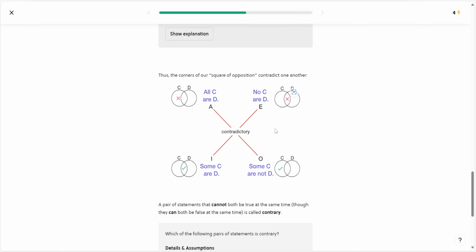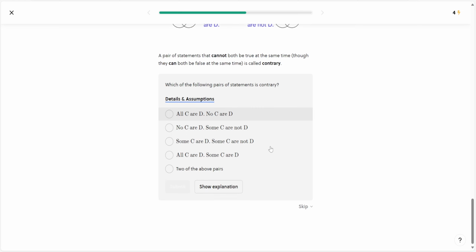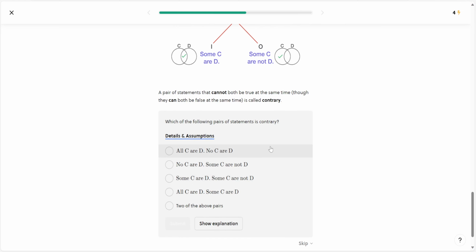No. No C are D, all C are D. Can they both be false at the same time? You know what, I don't know. My head is hurting. A pair of statements that cannot be true at the same time, though they can be false at the same time, is called contrary.